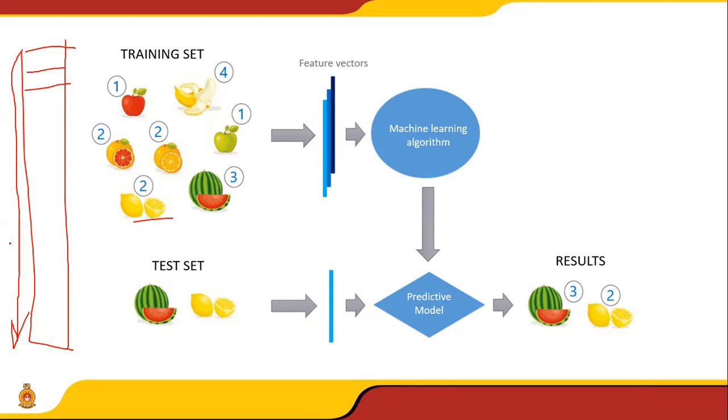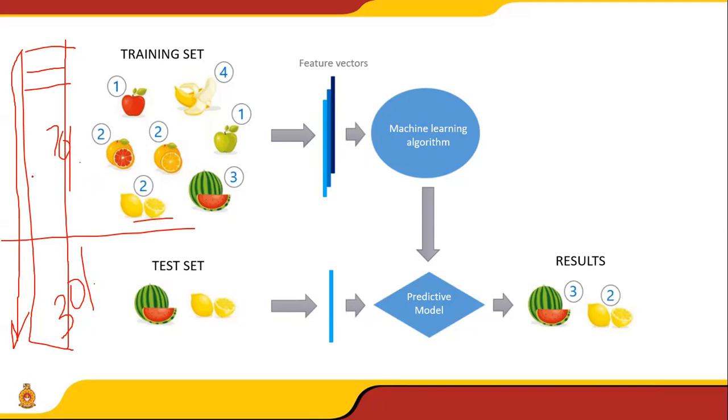What we are doing is cleaning the data set. The clean data set is partitioned into two. Usually we are doing 70% for training and 30% for testing. That's the process that we are following.